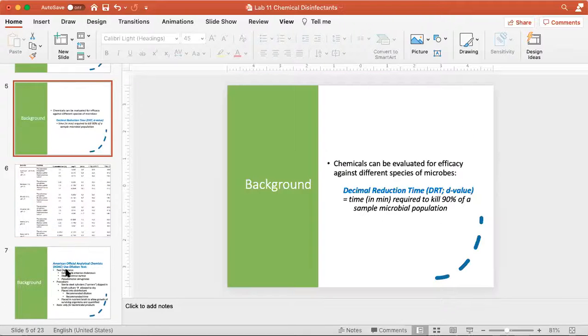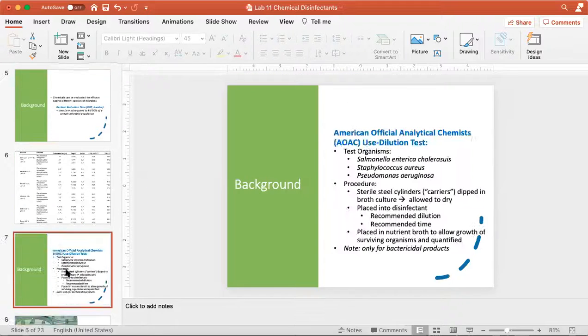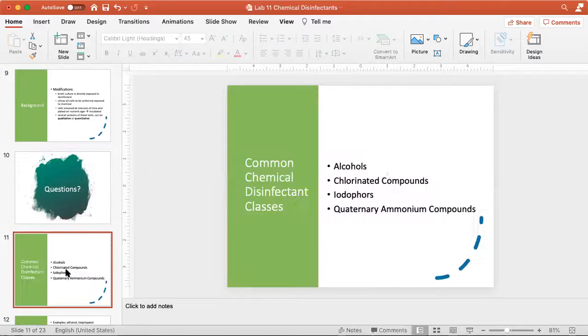Make a chart that has a column of alcohol, and then a column for chlorinated compounds, and a column for the iodophores, and a column for quaternary ammonia, and compare them. Have a box for mechanism of action for each one, and have a box for scope of activity for each one, and then the limitations of each one.